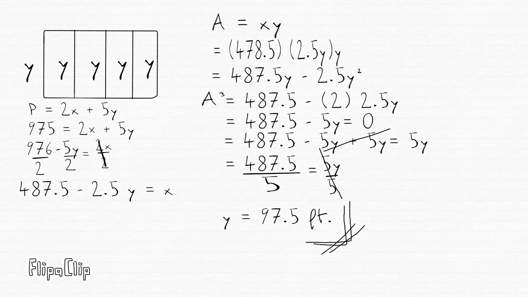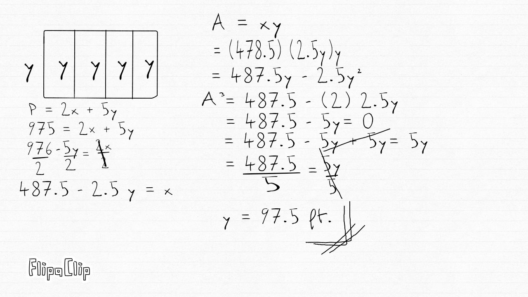Then, the variables will be changed, and x is replaced by the quantity 487.5 minus 2.5y, times y. When distributed, we have 487.5y minus 2.5y squared. After this, we take the derivative of it, which is 487.5 minus 2 times 2.5y, which equals 5y.